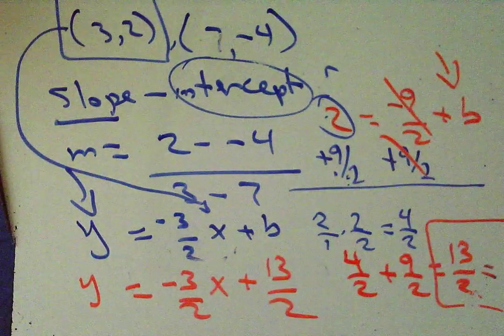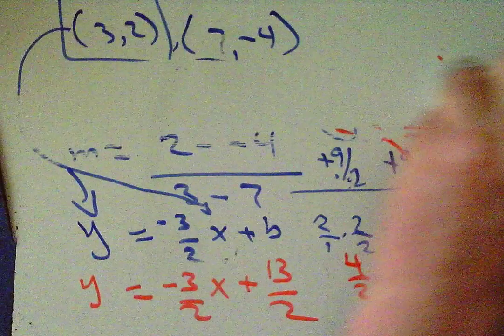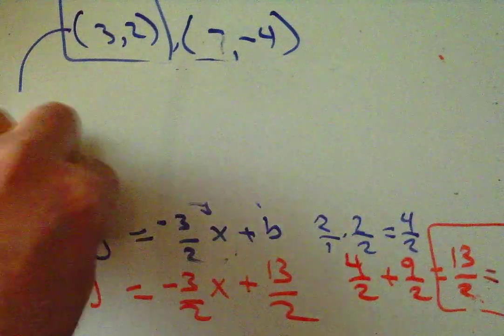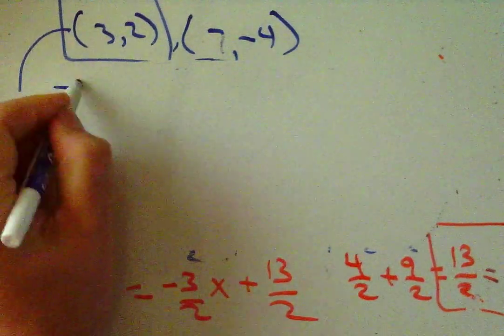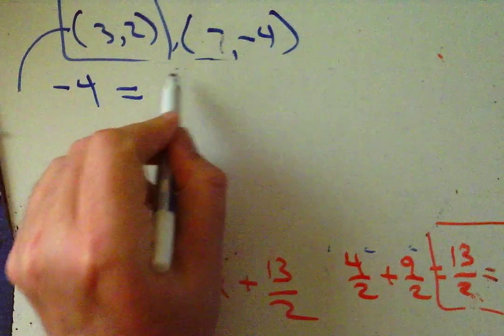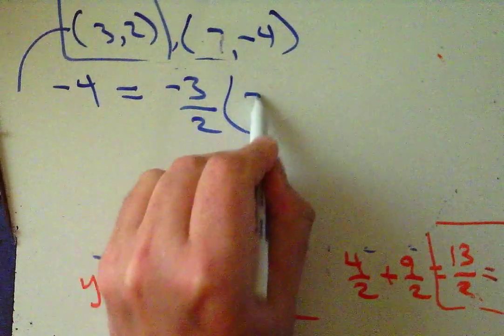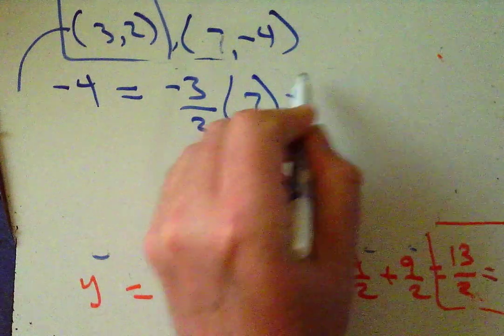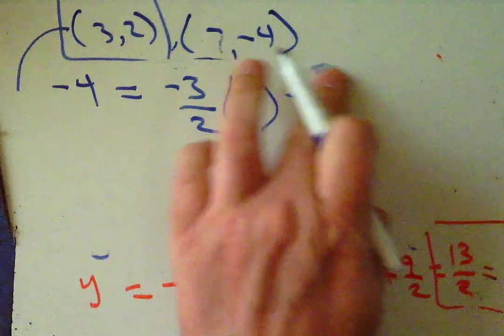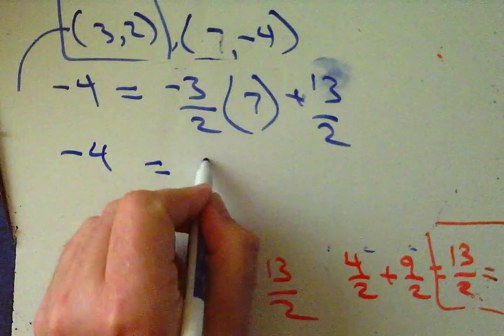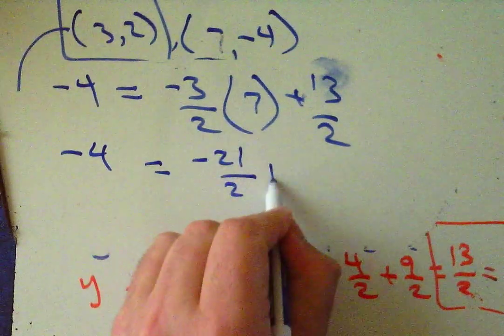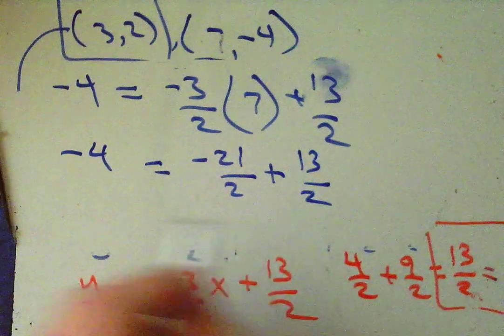Okay? I'm going to plug in the other ordered pair, 7, negative 4, and see if it works. Negative 4 equals negative 3/2 times 7 plus 13/2. So that's negative 4 equals negative 21/2 plus 13/2.